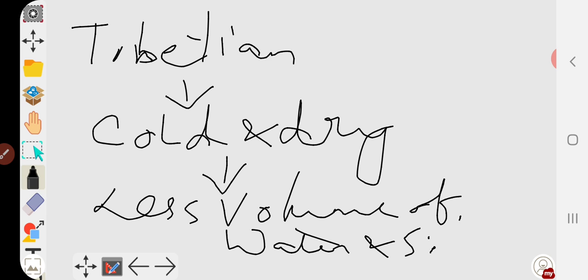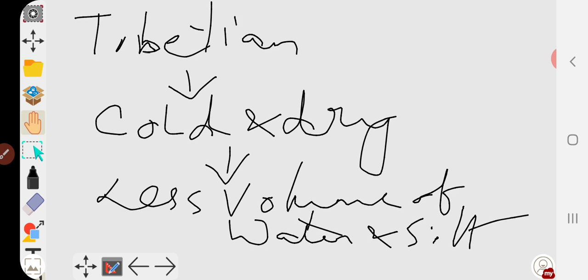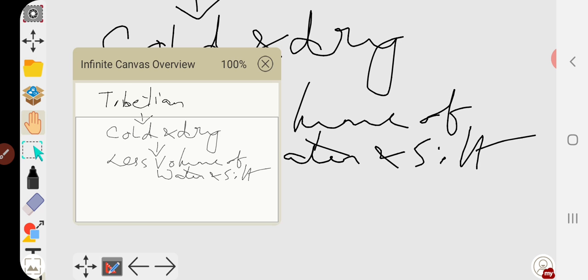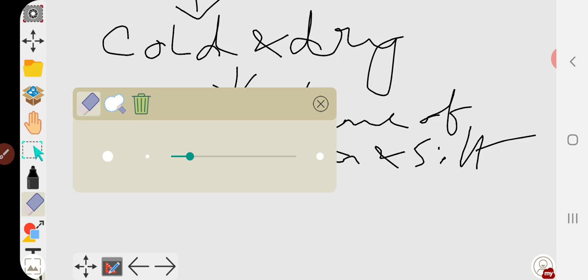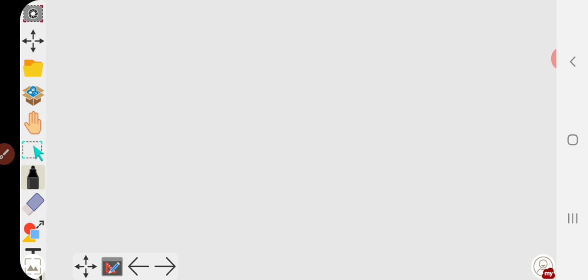So it is having less water to carry the silt. So what is the resultant? Despite it is a longer course, it is basically having less silt and less water.